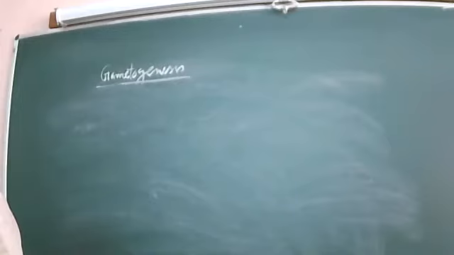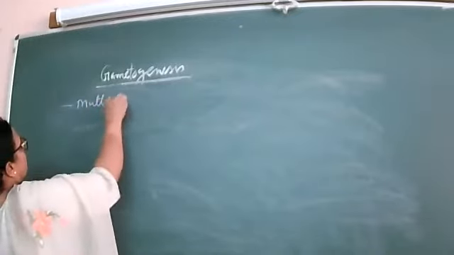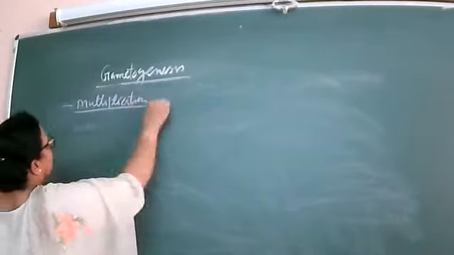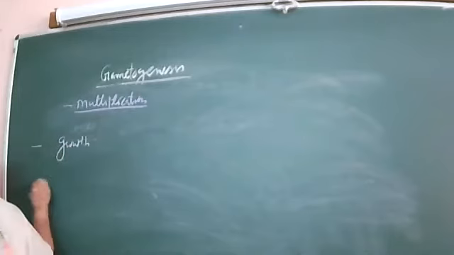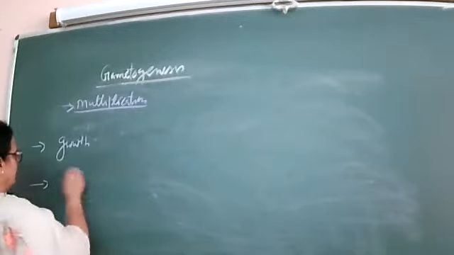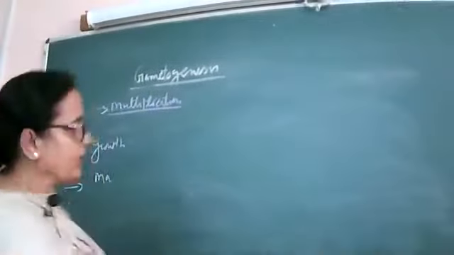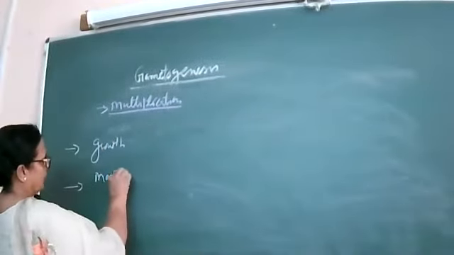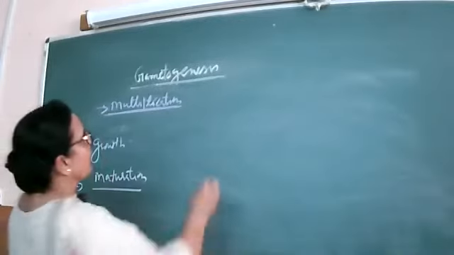What are those major divisions? The first is multiplication, the second major event is growth, and the third major event is maturation. Maturation means maturity. So first, multiplication. I'm going to start with spermatogenesis.